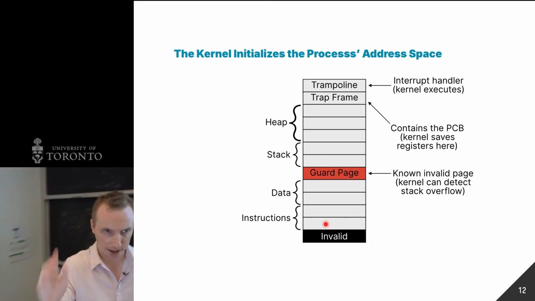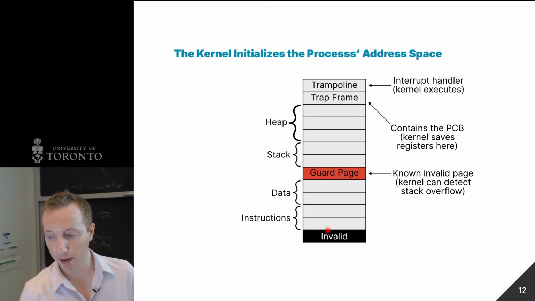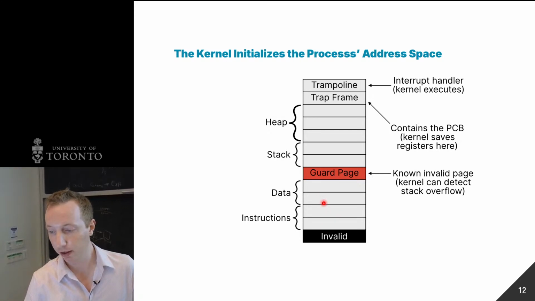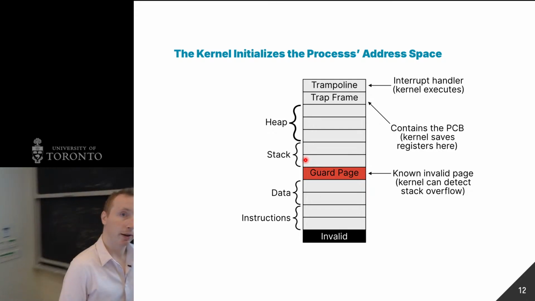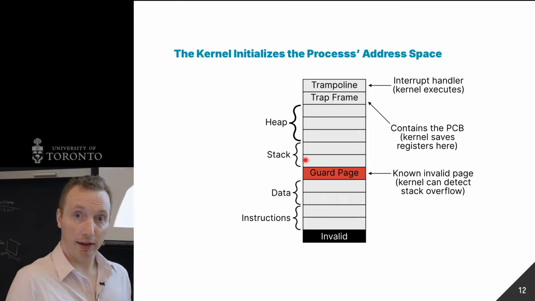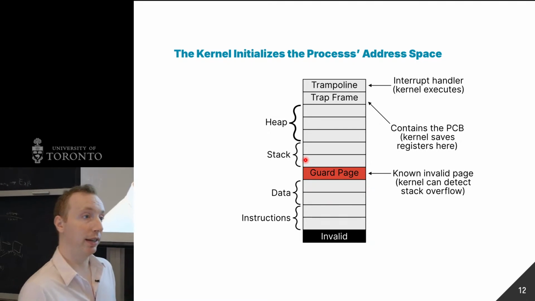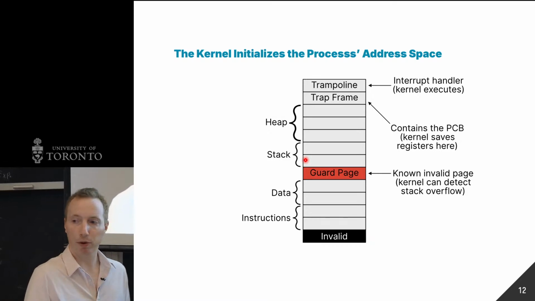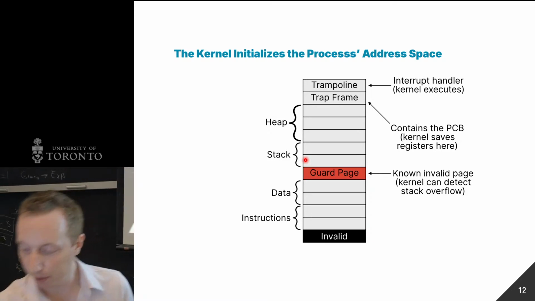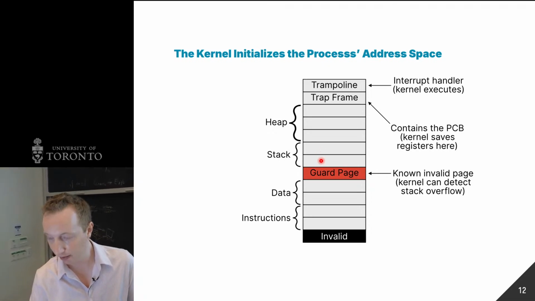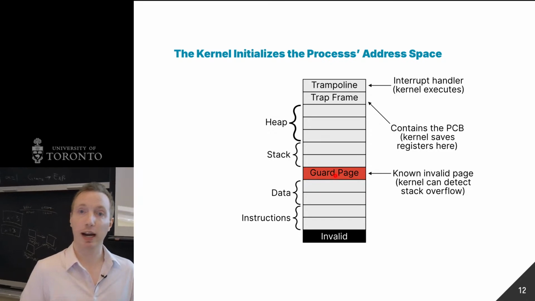And then above that, based off the program we're loaded in, maybe we'd have these pages for instructions, these pages for data, and then we have a stack. All your stacks have a set size, a set limit, and how you detect stack overflow errors is that they put something called a guard page at the end of the stack.